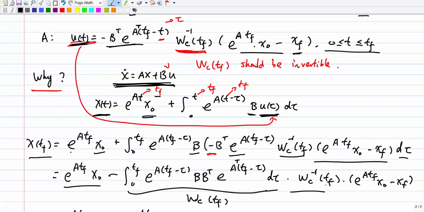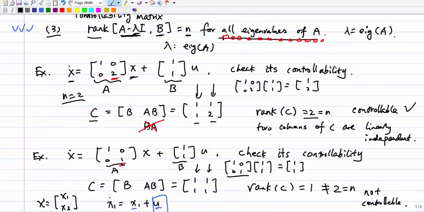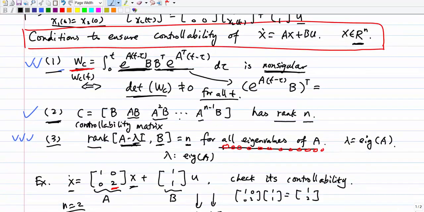Okay, and Wc inverse tf, and I move this one outside because this is a function of, if I consider, let's go check the Wc inverse tf. Let's say Wc tf inverse. So Wc, you replace t by tf, so you actually have everything by tf. You actually only have tf over here, right?